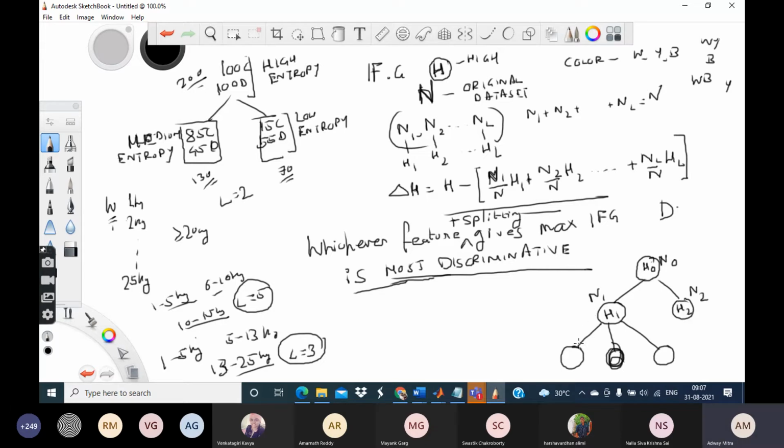Now when I split this even further, I will get examples N3, N4, and N5, and entropies here H3, H4, and H5.